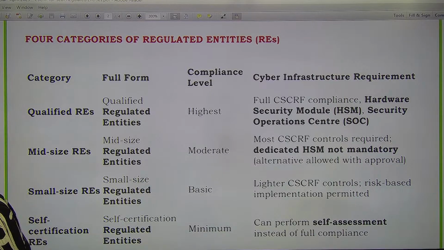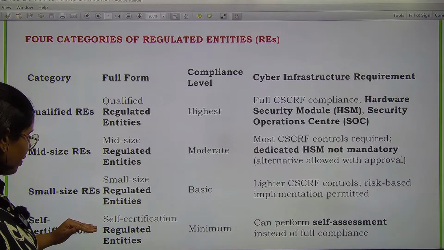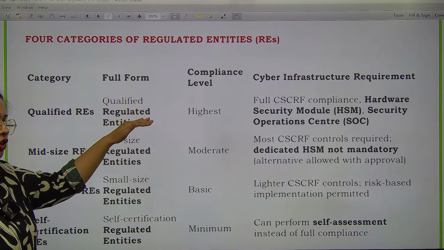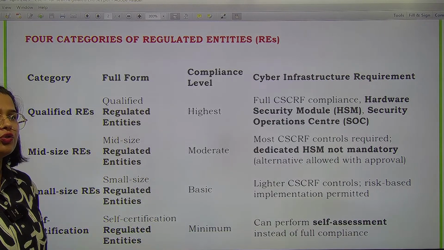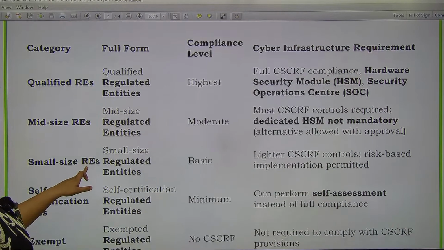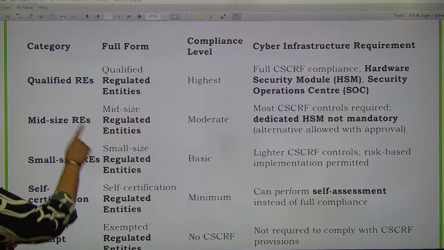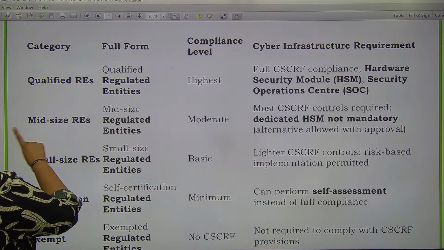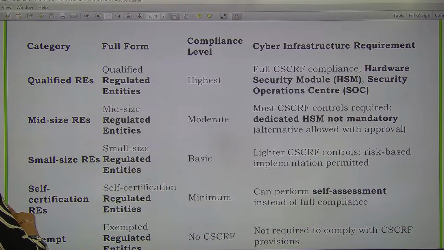Number one, 4 categories of the regulated entities. Obviously, if you have got the higher stature, the regulation onto you would be of higher standing as well. So for that, SEBI has made some categories: qualified regulated entity, mid-size, small size, self-certification, exempt, right?